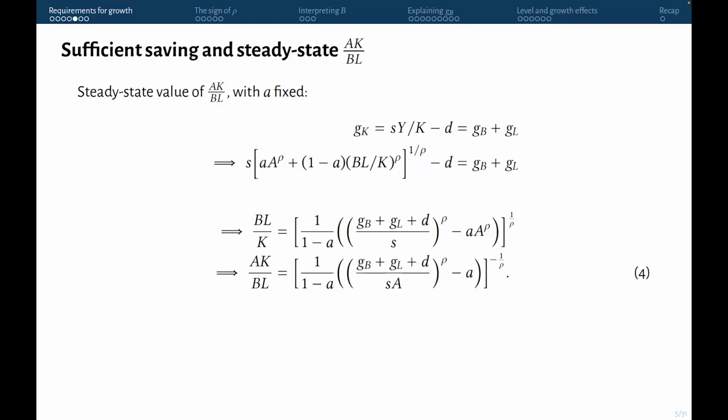Plug in a production function for y, and then rearrange, and you end up finding this steady state level.